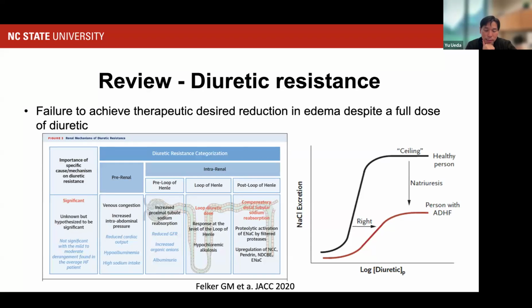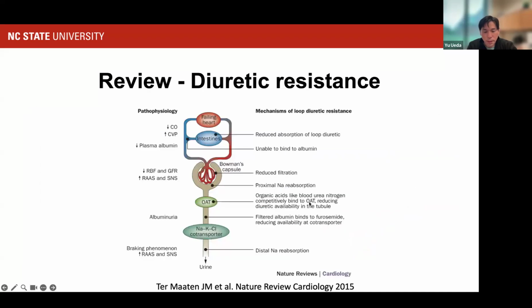These are multiple reasons we discussed so far, especially the compensatory increased reabsorption of sodium and water at the distal nephron.